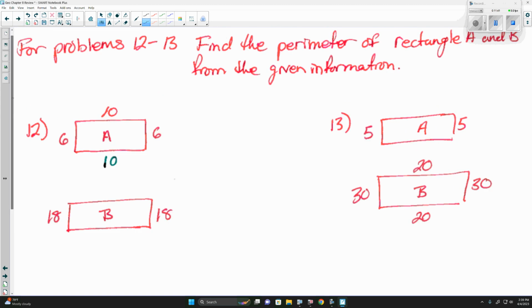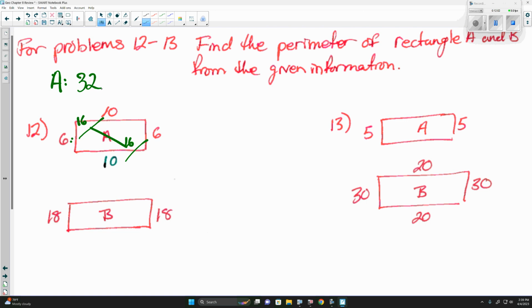So let's look at this here. Find the perimeter of rectangle A and B from the given information. So for rectangle A, we can find its perimeter. Perimeter of A. Well, we can add the sides together. 10 and 6 is 16. 16 and 16 is 32.